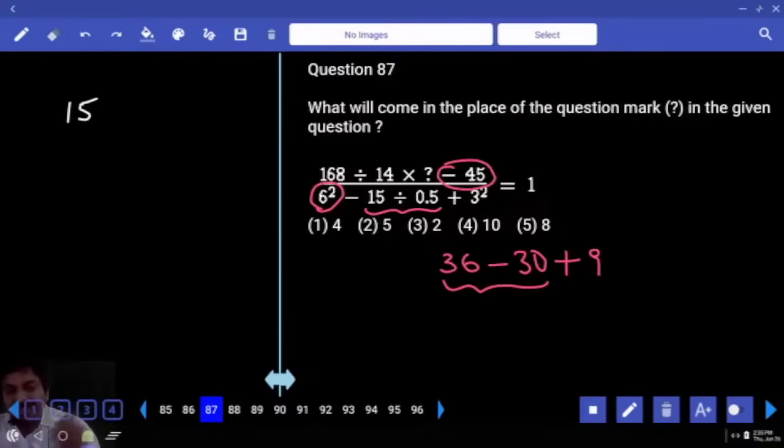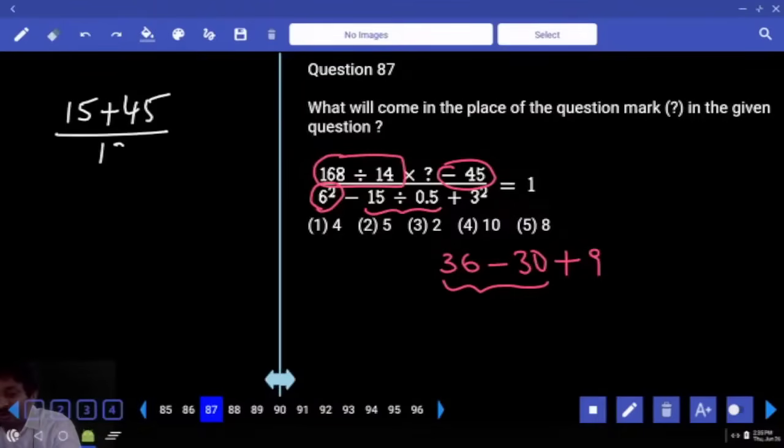Minus 45, left hand side numerator, goes to the other side, becomes plus 45. Are you okay? 168 divided by 14, 12. 12 goes to the other side, comes in denominator. And this is what x value? What is numerator?